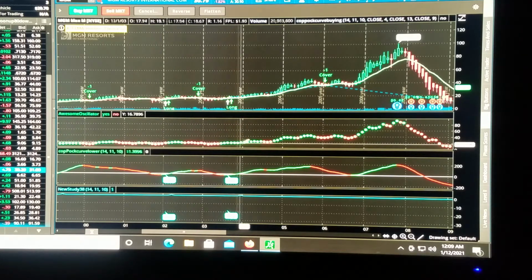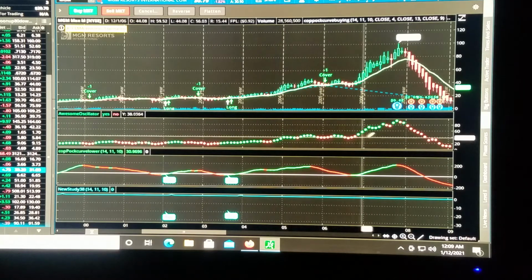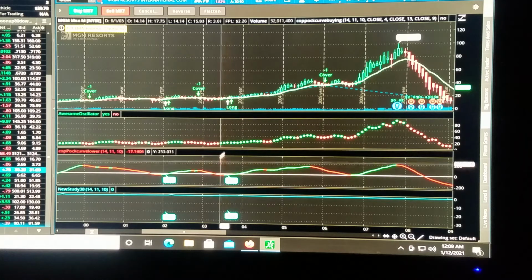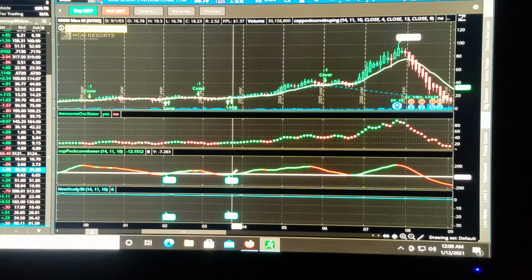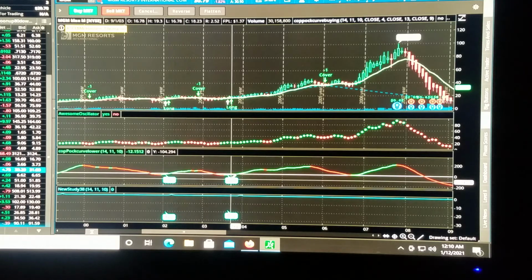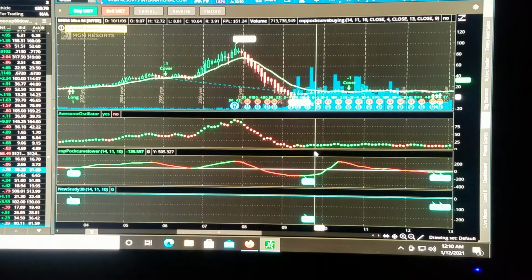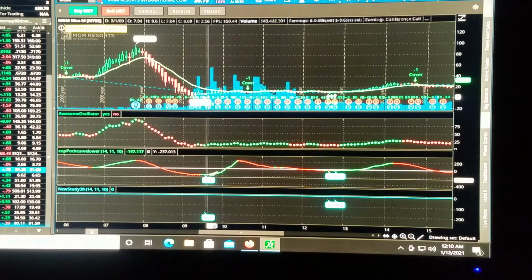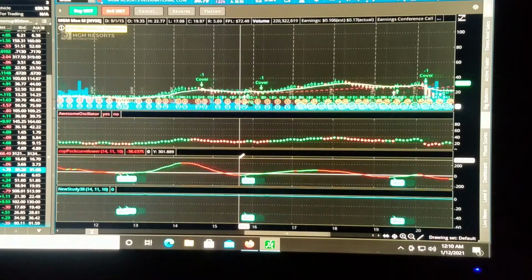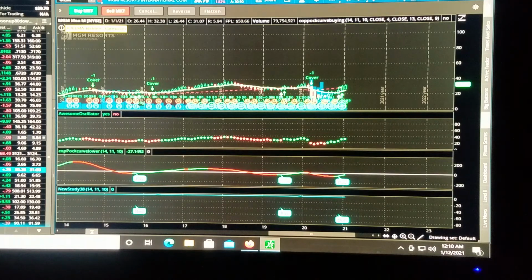Yeah, I like the way this looks. Yeah, you can just trade it by color. And when it says buy, you buy it. I mean, that makes sense too. We should go in and plot a sell signal. Yep.